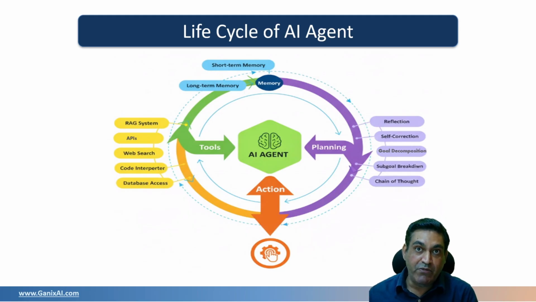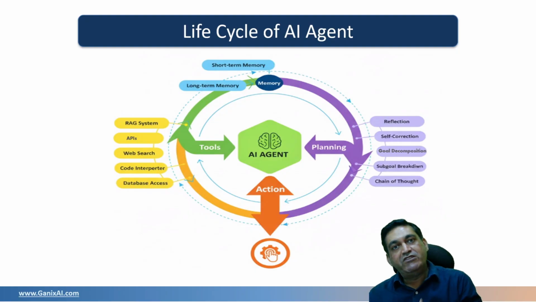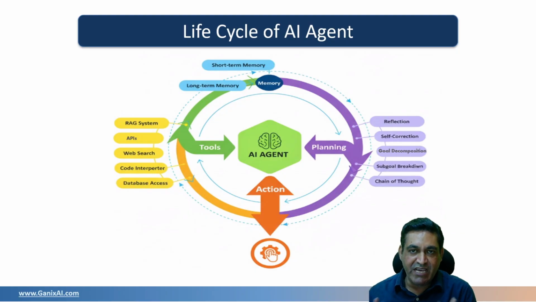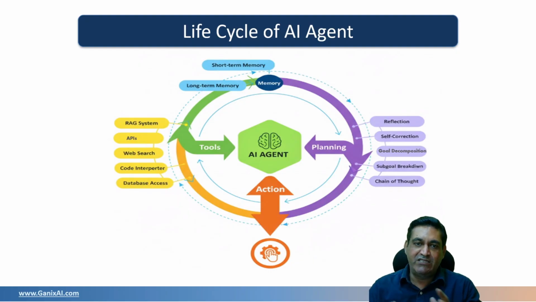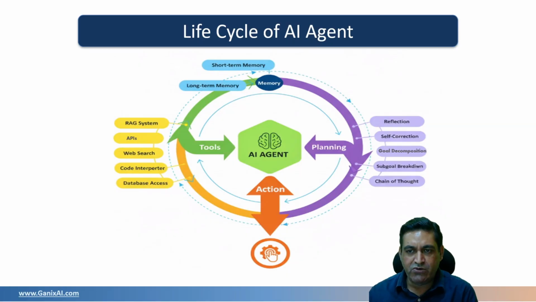The long-term memory is all the previous responses which we save in any kind of persistent memory like a vector DB. That type of memory is called long-term memory. It checks whether we need to access the long-term memory or the short-term memory. So during the planning phase, it checks which tools are available and what type of memory is available, and based on that, it plans the task and decomposes it into multiple activities.